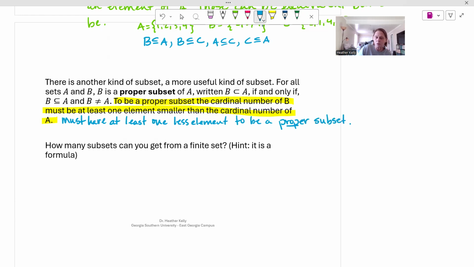Now remember, we started all of this by me telling you that notation is imperative here. Detail to the reading and detail to the notation. Okay, so let's think about how many subsets we can get from a finite set.